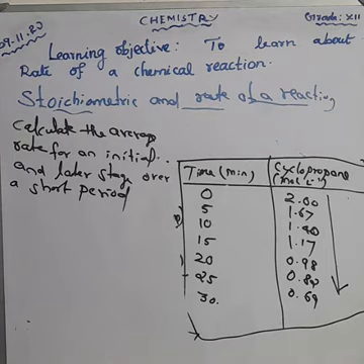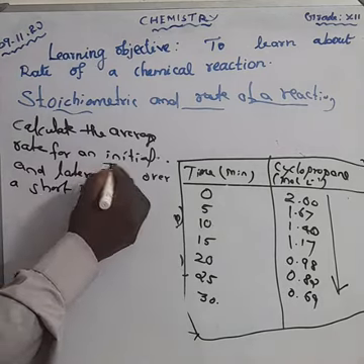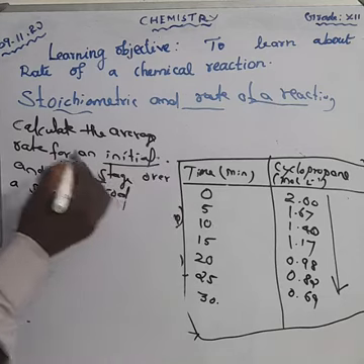We should write two formulas. One is the rate for the initial stage, the other is the rate for the later stage.